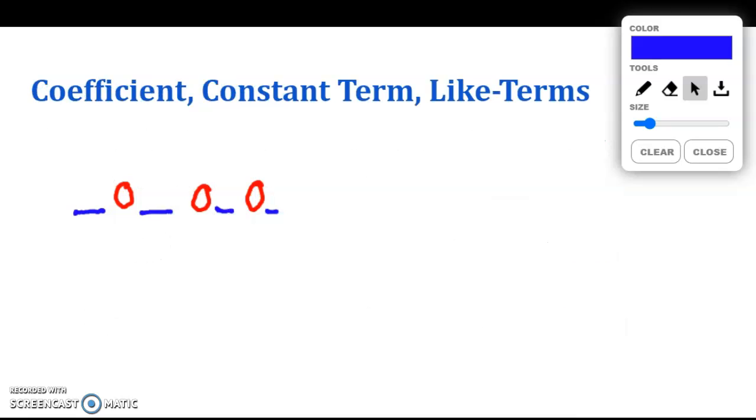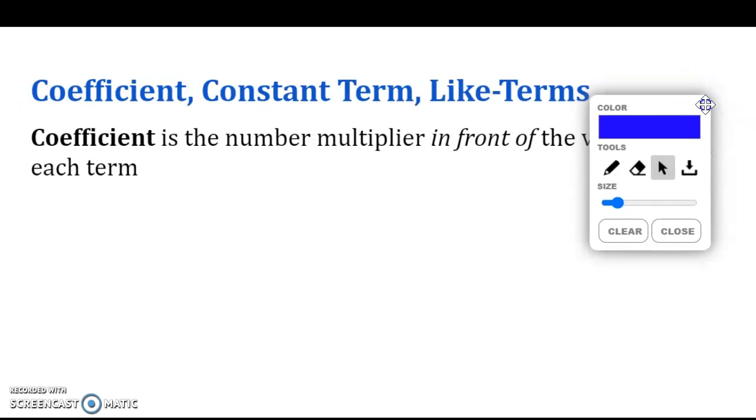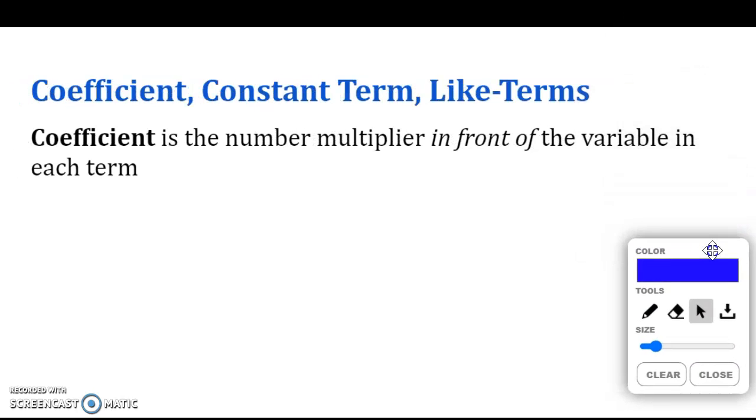Great. So then what about coefficient and constant terms? A coefficient is a number multiplier in front of the variable in each term. So when you have 3x cubed plus 10x squared plus 2x plus 7, you see there are some numbers in front of the variables, the 3 and the 10 and 2.